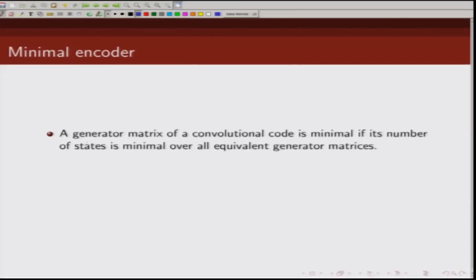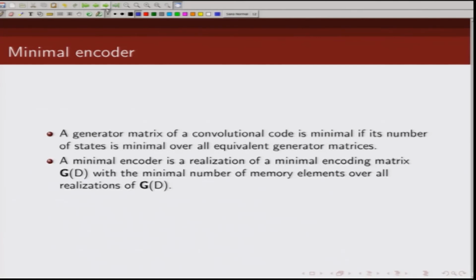So we say a generator matrix is minimal if its number of states is minimal over all possible equivalent generator matrices. And a minimal encoder is basically a realization of a minimal encoding matrix which will result in the minimum number of memory elements used to represent that particular convolutional encoder.